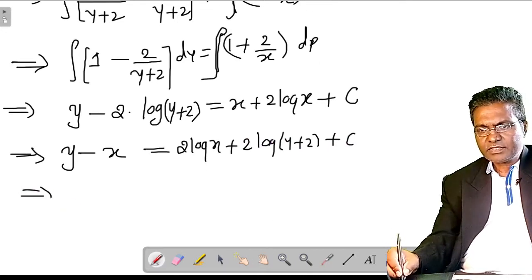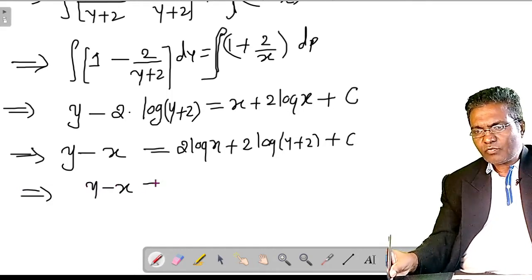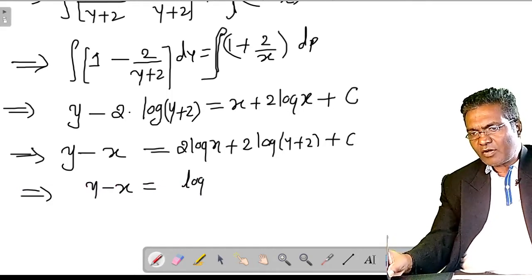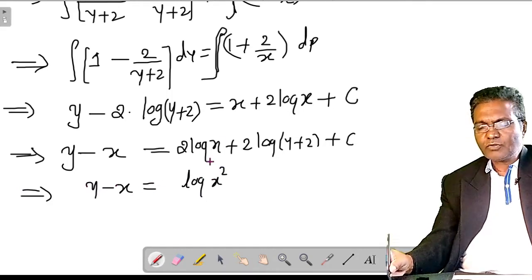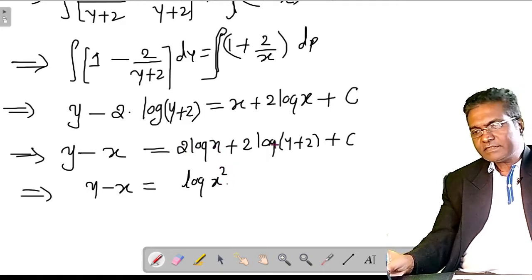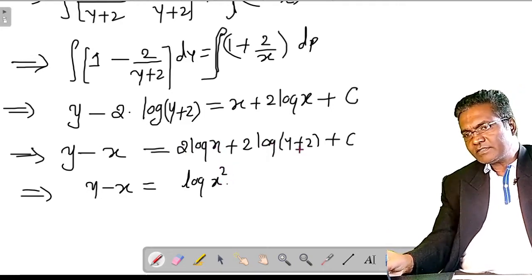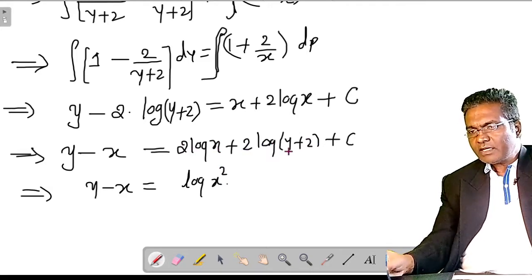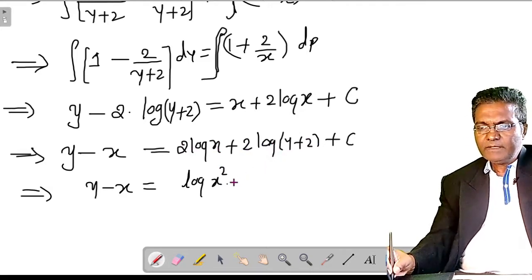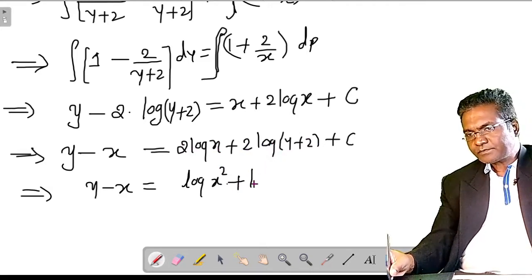If you want, you can write y minus x is equal to log of x square. 2 log x is log of x square, and this can also be written as log of y plus 2 whole square, and you will get log m plus log n, you can get log mn.